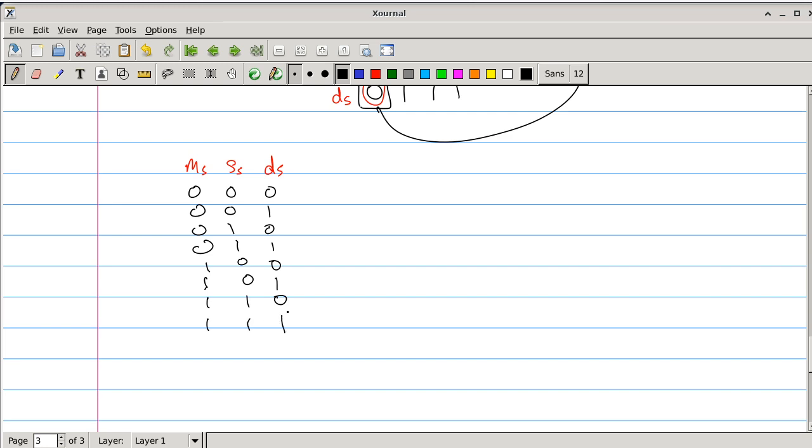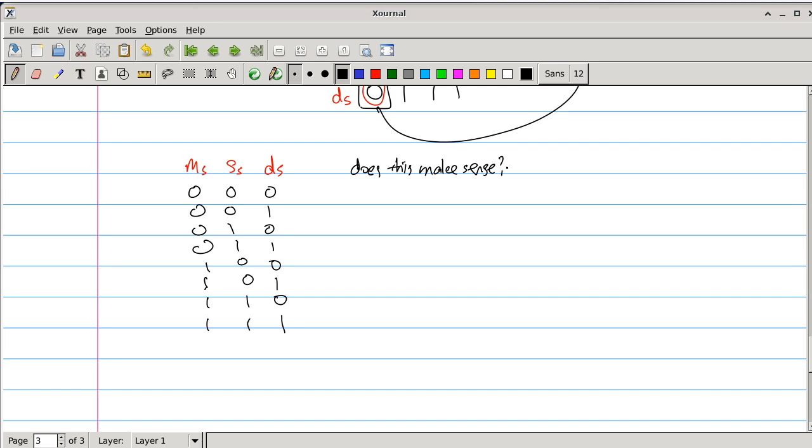Okay. So I have just enumerated all 8 possible cases of how you can combine zeros and ones if you just look at the most significant bit or the sign bit of the minuend, subtrahend, and the difference. Okay? So the question now is, does this make sense?